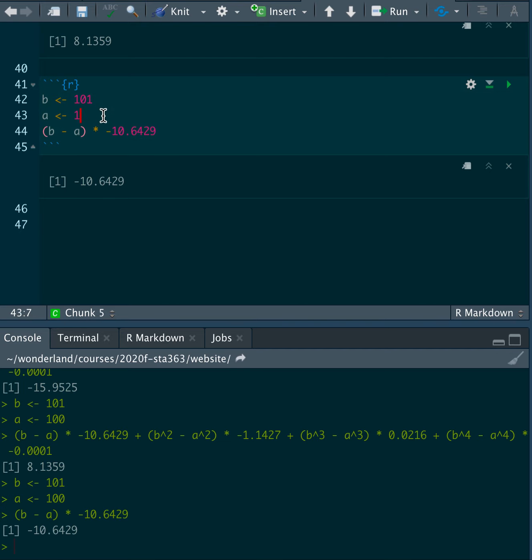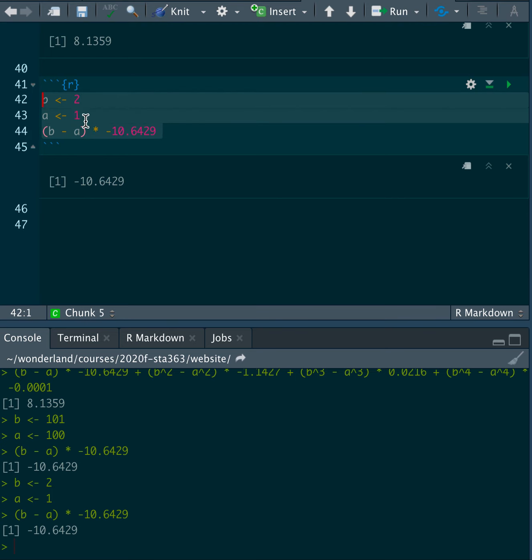Then a 1 unit change is always going to be the same. So regardless of what that 1 unit was, if it was 1 to 2 or 2 to 3 or 100 to 101, it's always going to be this value, because this is always going to be 1 times that value.